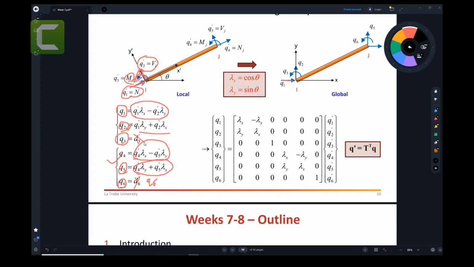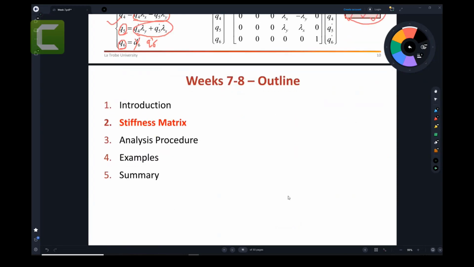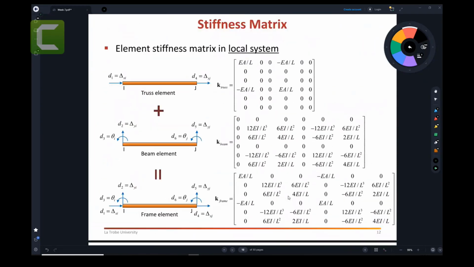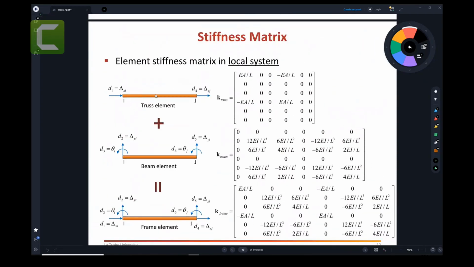Q6 here, Q6 dash. Just make the correction here, Q6 dash and Q6 dash. So this is all that philosophy, and you have this relationship, which is local transformed into globals. So for the stiffness matrix, again, you can do it one by one, and you superpose.